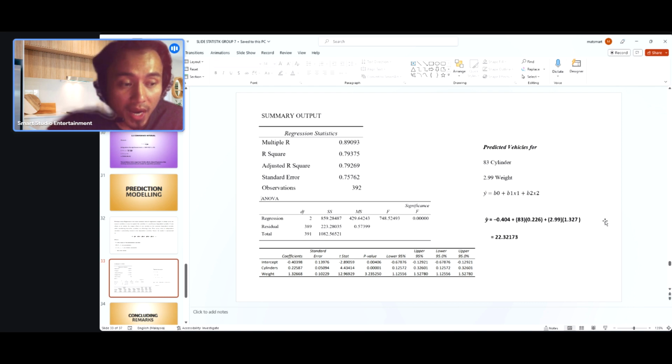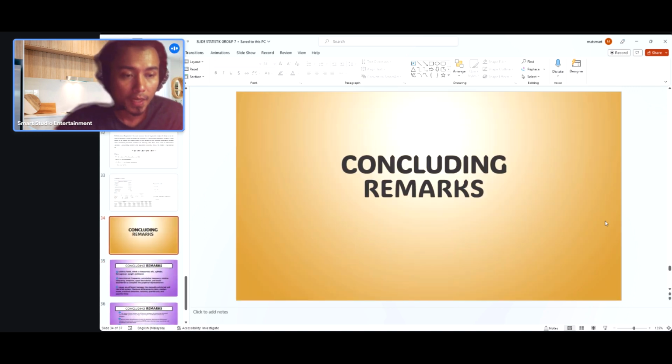Then you can get y equal to negative 0.404 plus 0.830226 plus 2.9913 times 1.327. Then you can get the answer 22.32173.